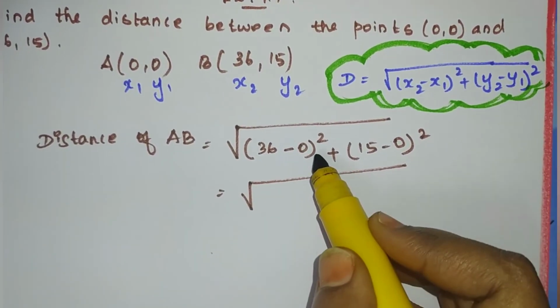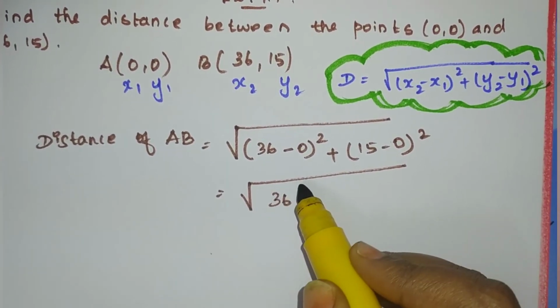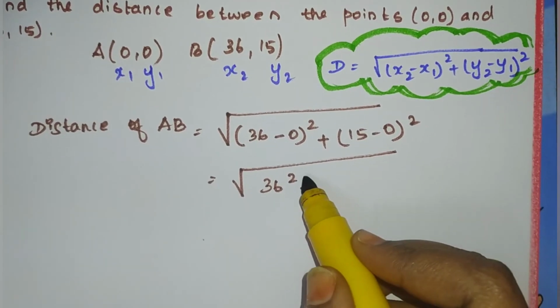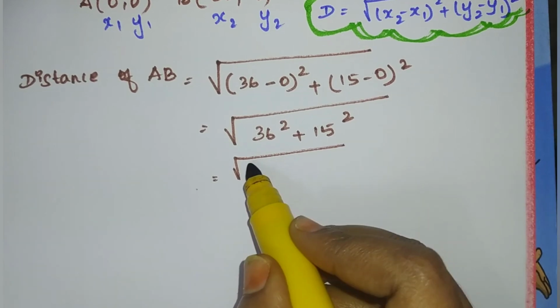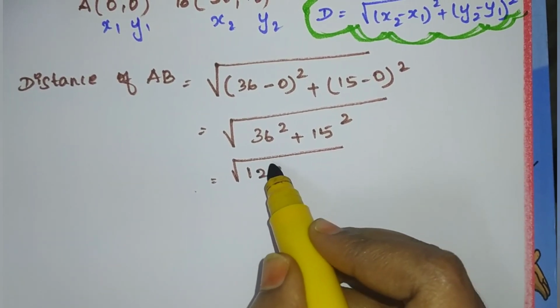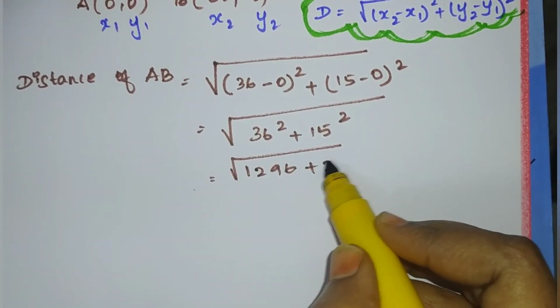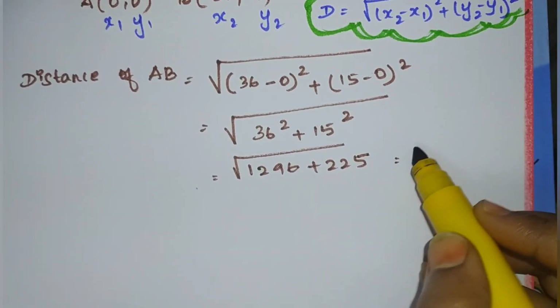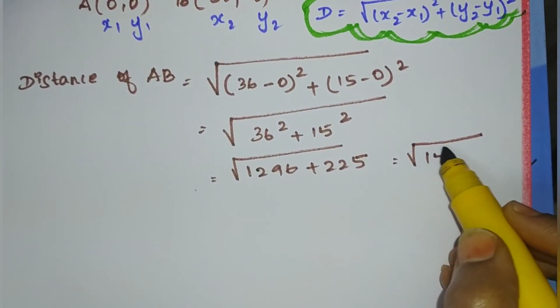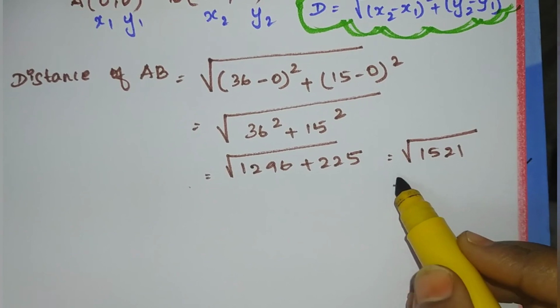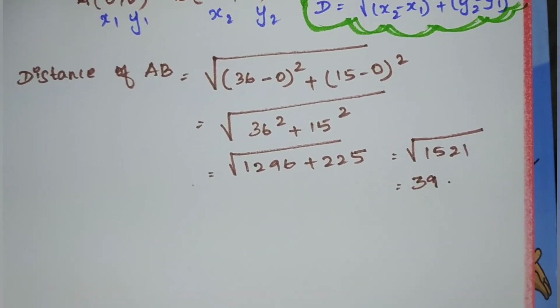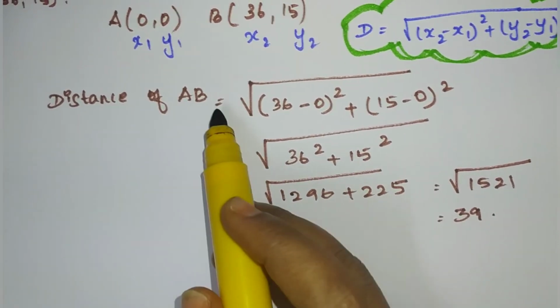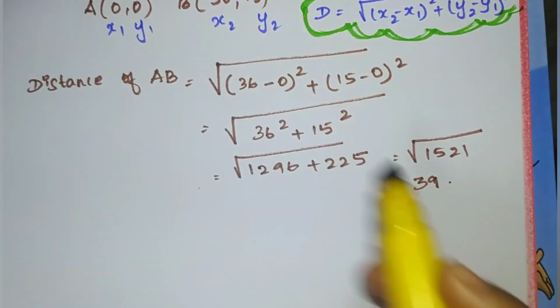So 36 minus 0 is 36 square plus 15 square. 36 square is what? 1296 plus 225. Add these to get 1521. If you take a square root, what will you get? 39. So the distance between the points A and B is 39.